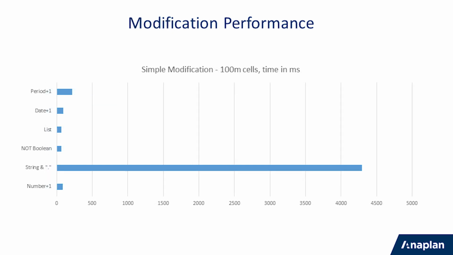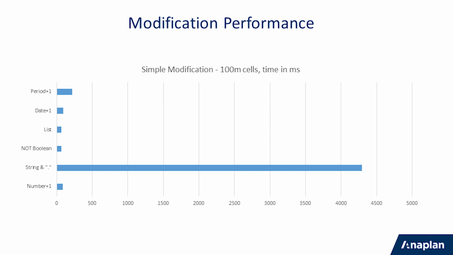When we look at the modification performance, it is very much more marked. So here we have adding 1 to a number, doing a not on a Boolean value, similar things for the other data types, and adding one character to a string. And you can tell here, the modification of the string takes 50 times as long as the modification of any of the other values.